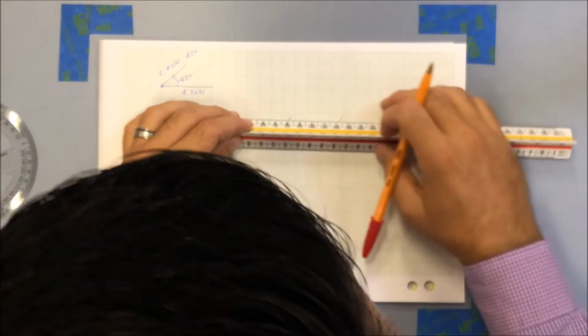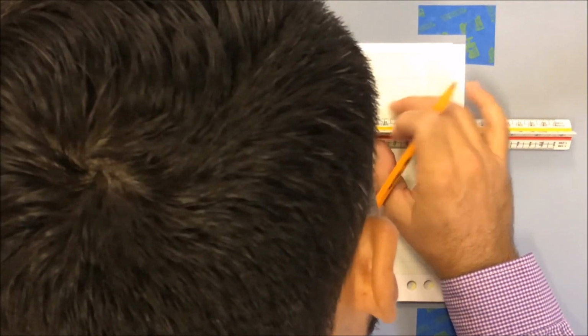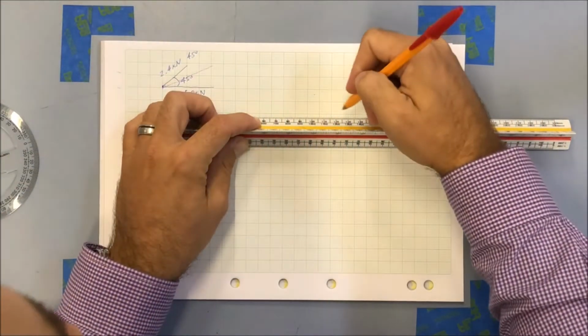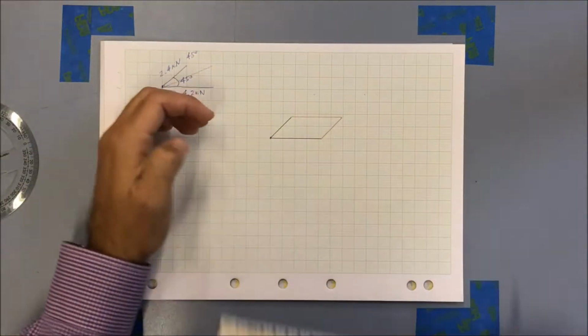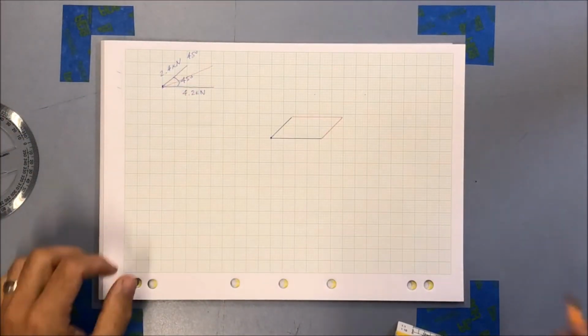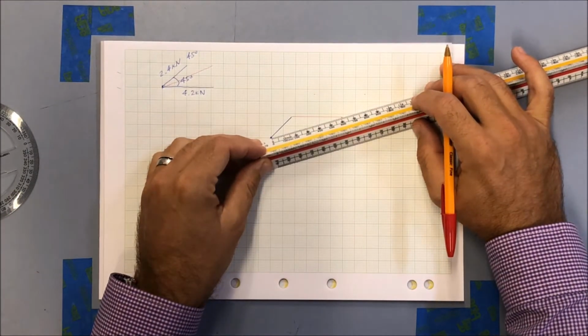We can complete the parallelogram. You don't really need to, I suppose, but okay. And then our resultant force is going to be what we're left with in the middle.